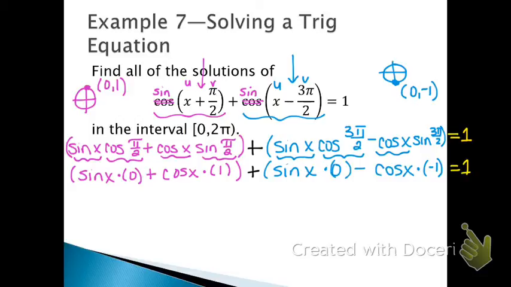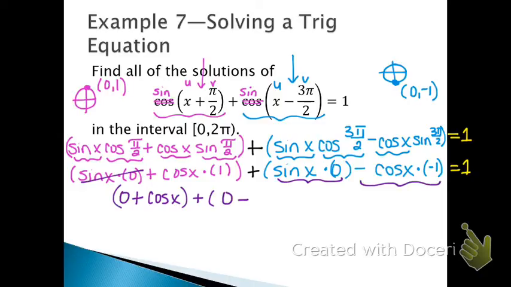All right, now I'm going to start kind of putting things together here. What is sine of x times 0? So 0 plus, what is cosine of x times 1? Plus, can't do anything with sine of x, so bring it. Oh, wait, it's sine of x times 0. Sorry about that. What is sine of x times 0? 0 minus, or, well, yeah, I've been saying it's a negative cosine of x times a negative 1.